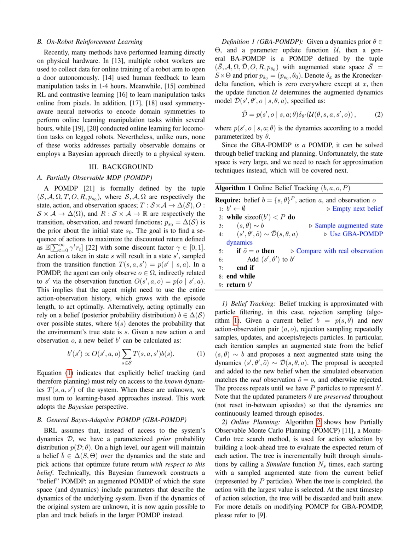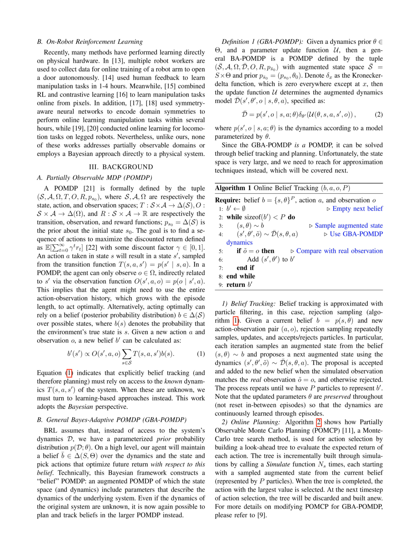The proposal is accepted and added to the new belief when the simulated observation matches the real observation, O equals O, and otherwise rejected. The process repeats until we have P particles to represent B'. Note that the updated parameters θ are preserved throughout, not reset in between episodes, so that the dynamics are continuously learned through episodes.